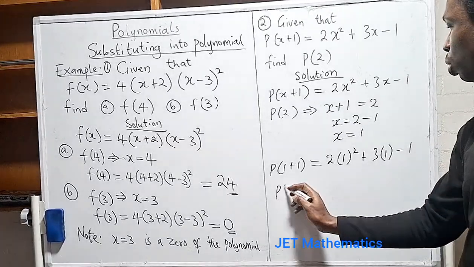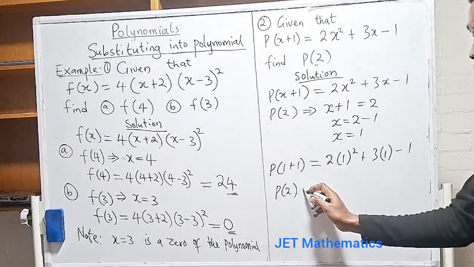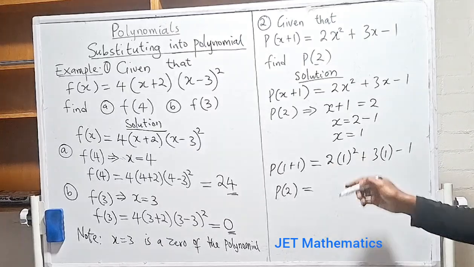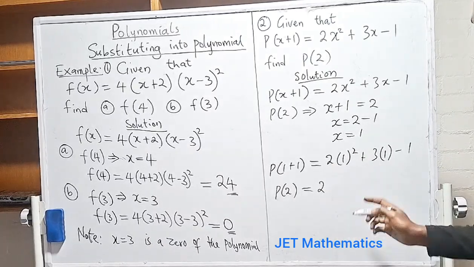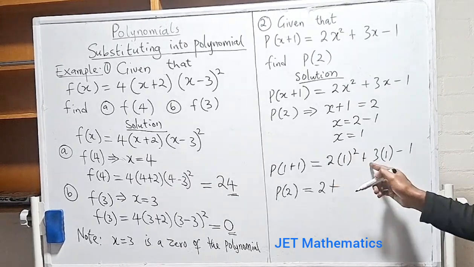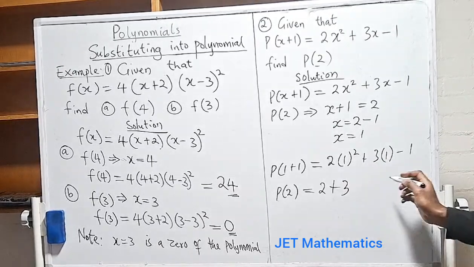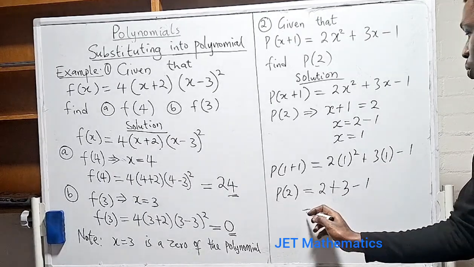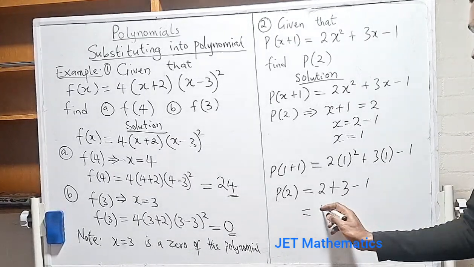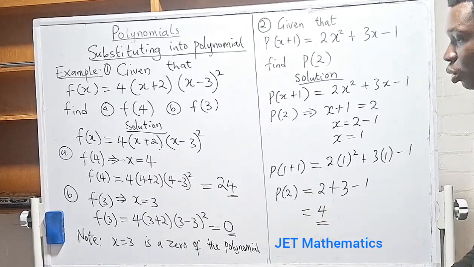So p of 1 plus 1 is 2, which is what we are looking for, is equal to 2 times 1 squared is 2, plus 3 times 1 is 3, minus 1. And finally, we have 5 minus 1, and that is 4. So p of 2 is equal to 4.